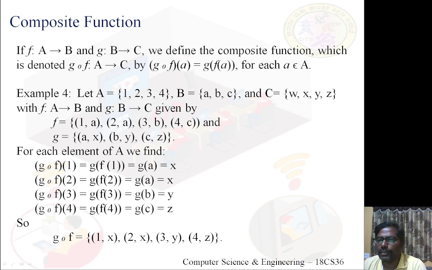Now let us have a look at an example. Here we have given three sets. One is set A with 4 elements, 1, 2, 3, 4, and set B with 3 elements, a, b, c, and set C with 4 elements, w, x, y, and z.